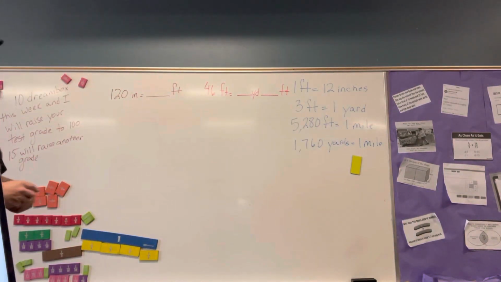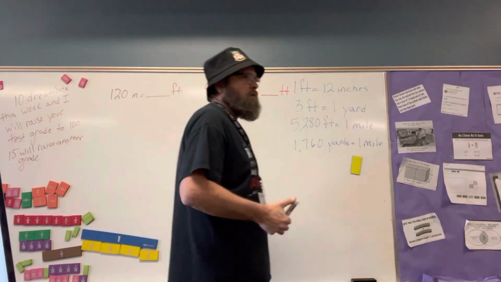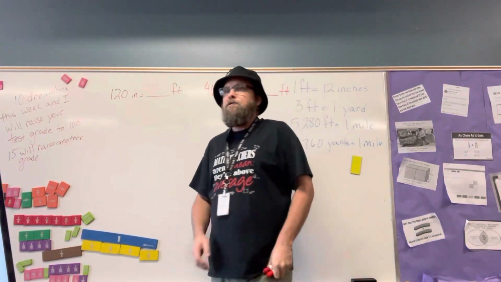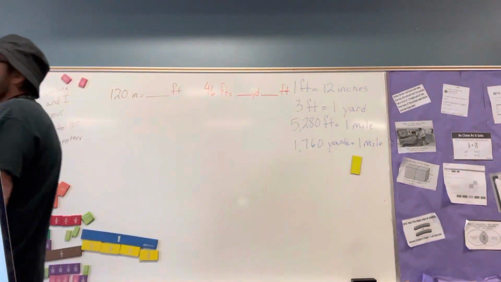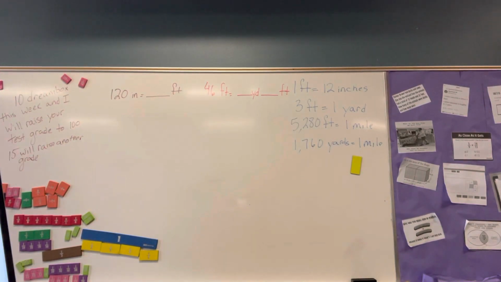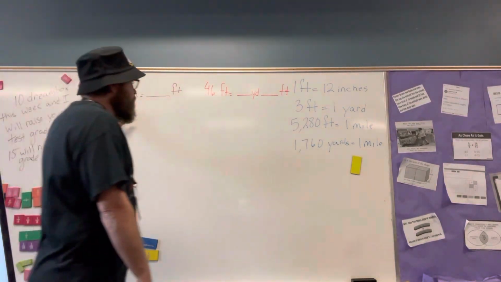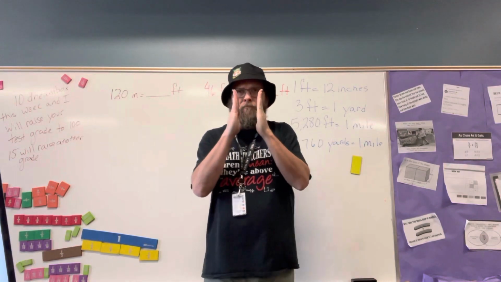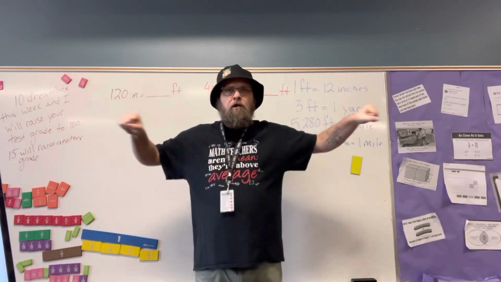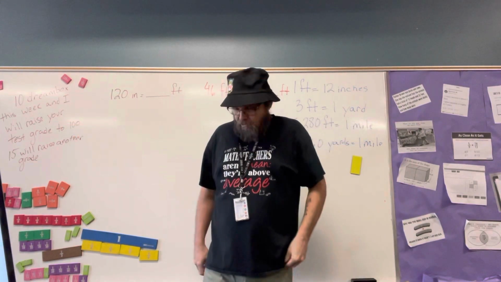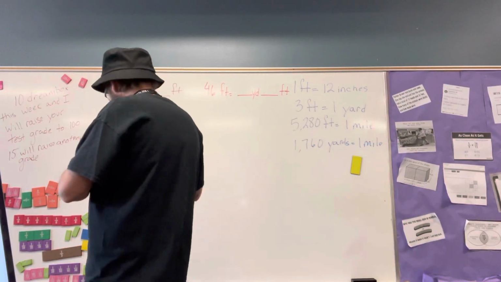So we're going to change 120 inches to feet. Sam, which is smaller, inches or feet? Inches. And we know the inches. So we're starting with the smaller unit, changing to the bigger unit, so we have to divide.